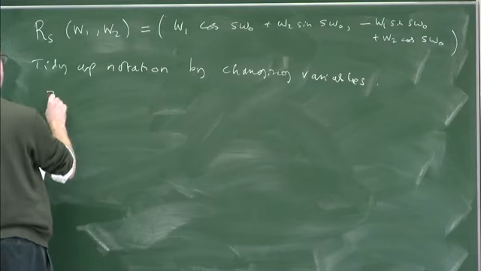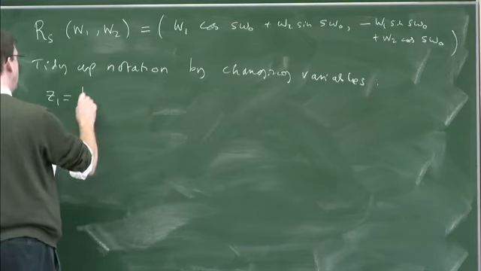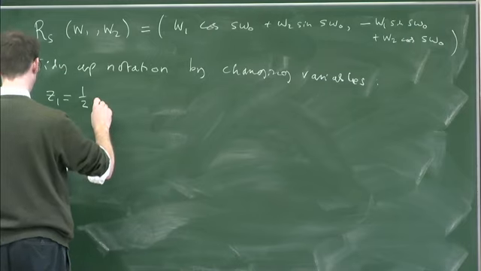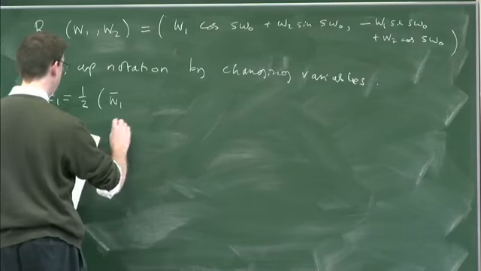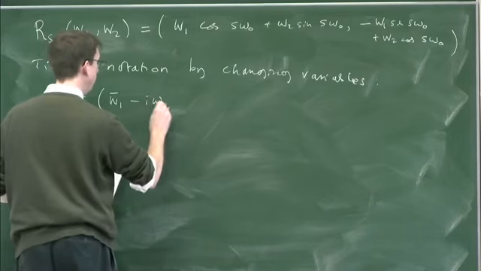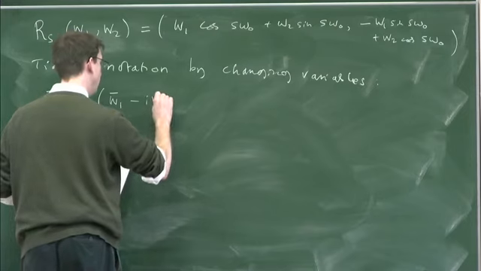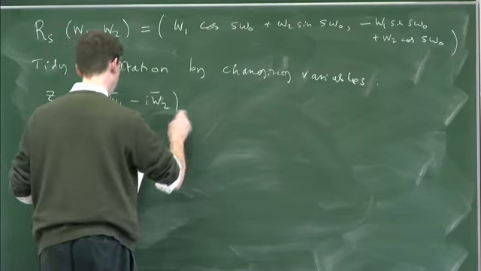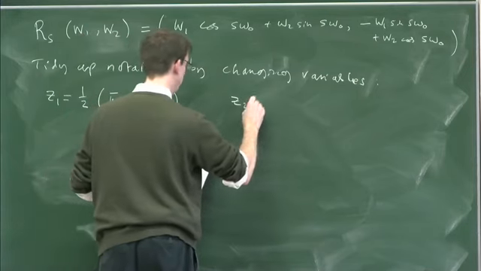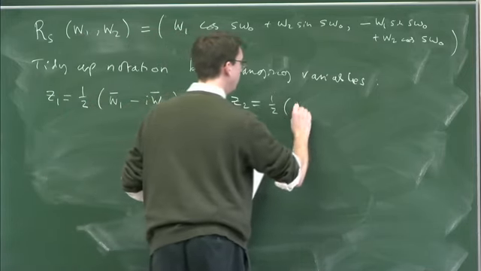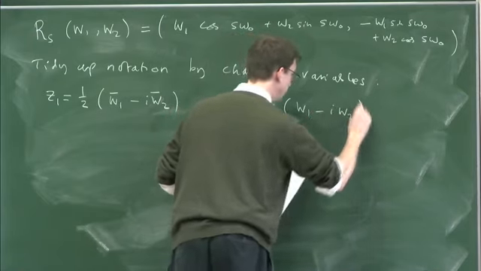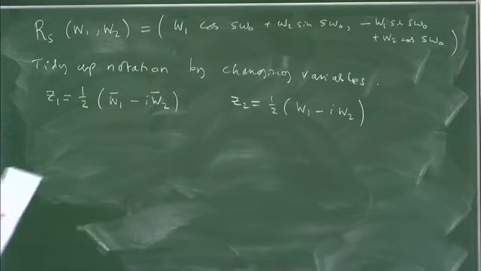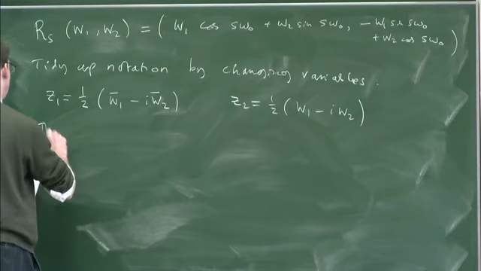In fact, there's a swift change of variables that tidies up the notation. The nicer way to write this is to introduce coordinates z1 and z2. So z1 is 1/2 (w1 bar minus i w2 bar), and z2 is 1/2 (w1 minus i w2). It's just a linear change of variables.